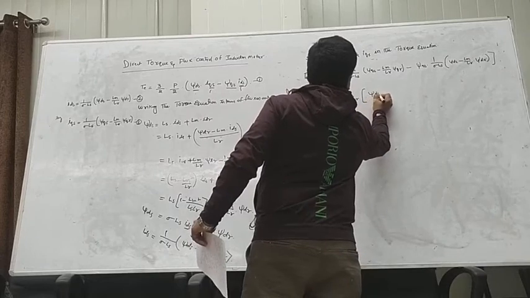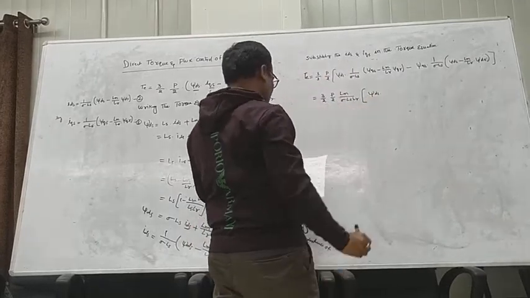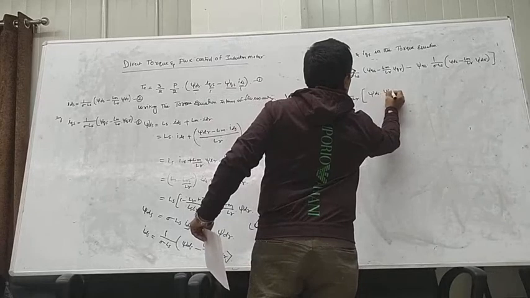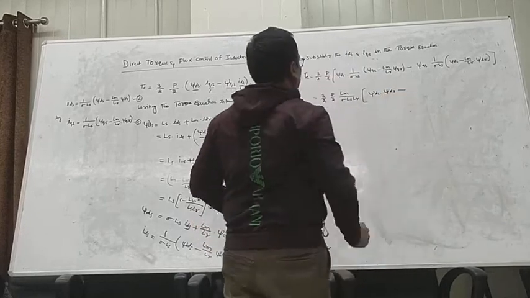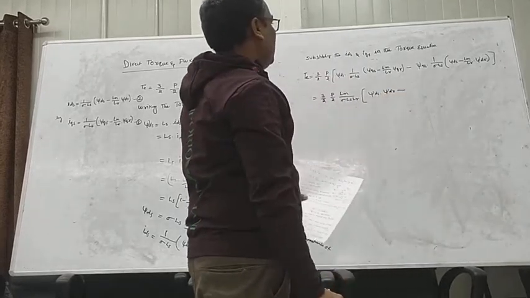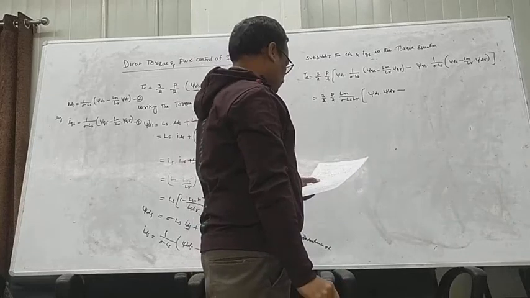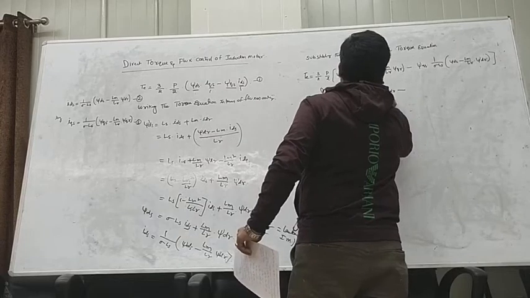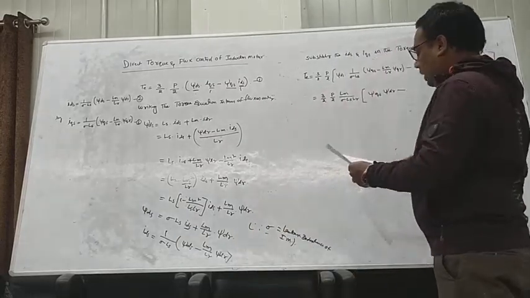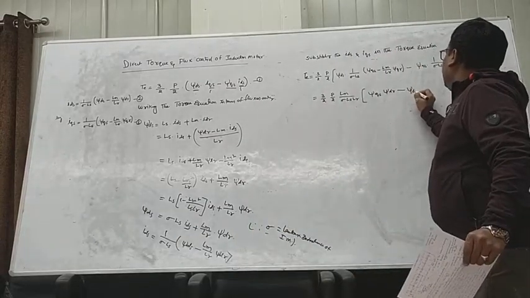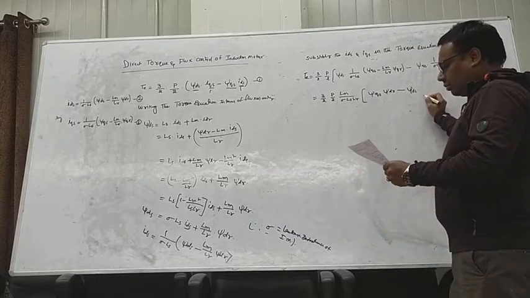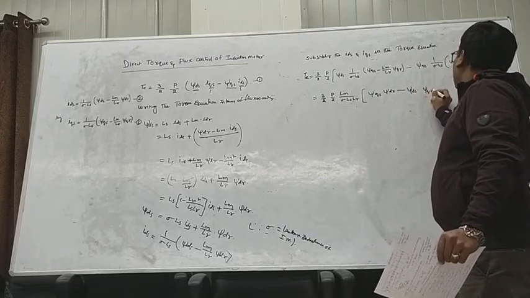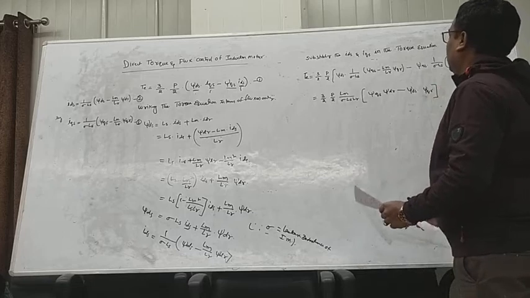So psi qs into psi dr minus psi ds into psi qr. So try to understand this.